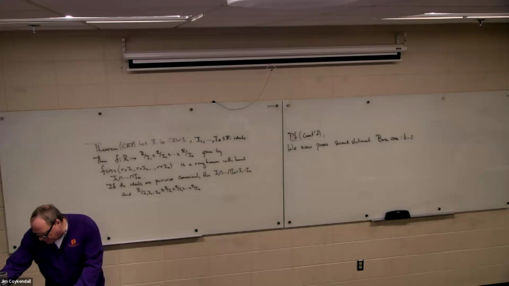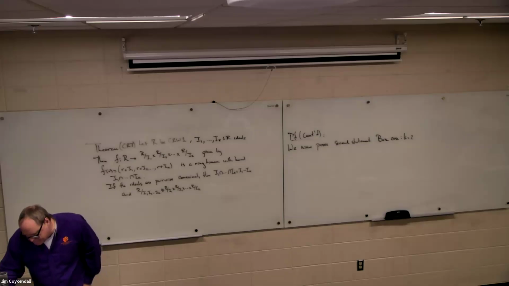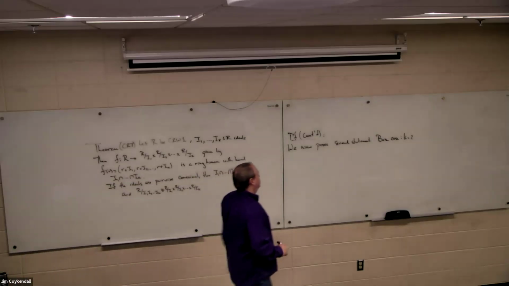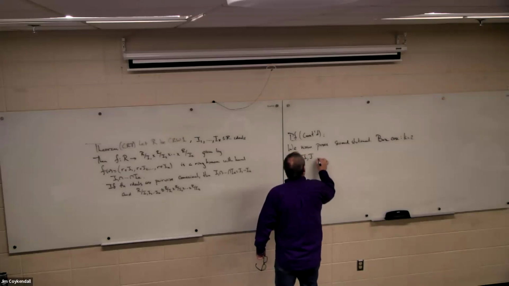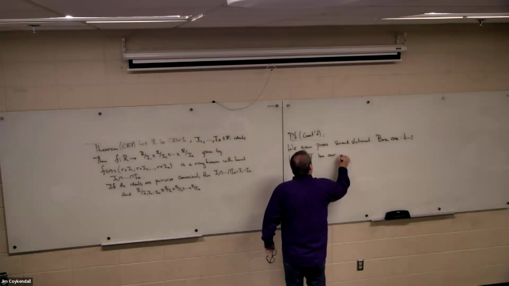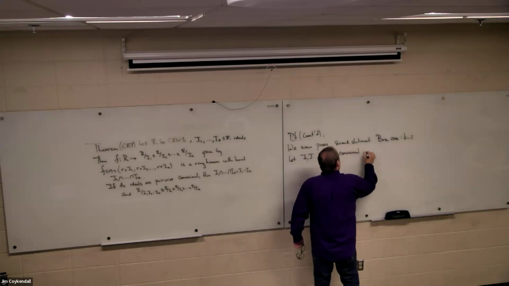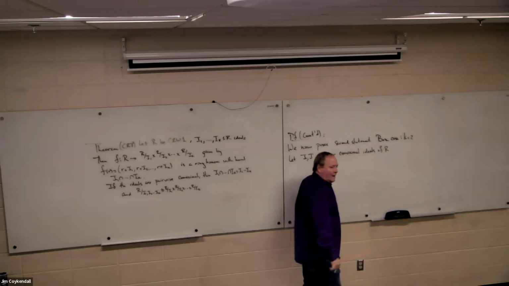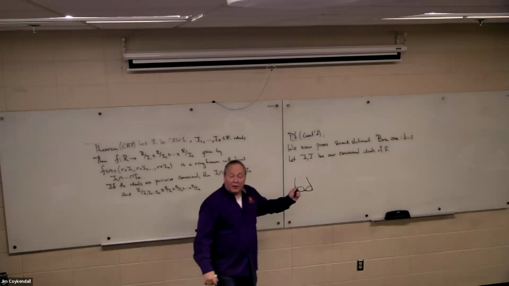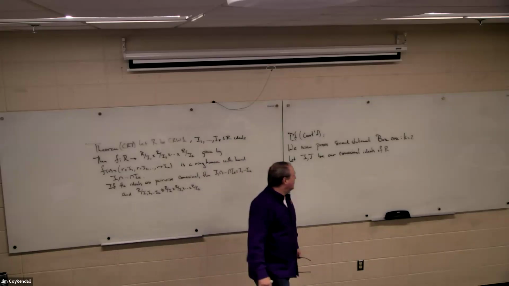So the first thing I want to do is, I'm going to write I and J instead of I1, I2. It's just more convenient.